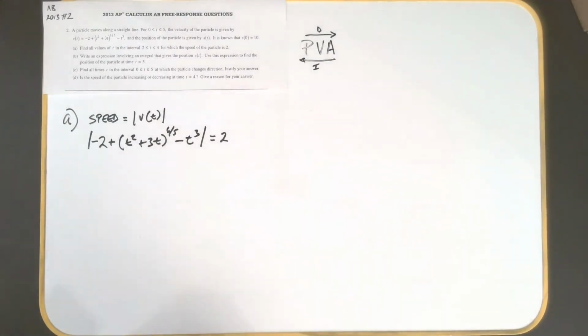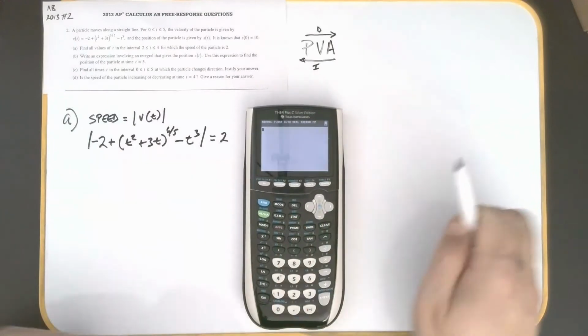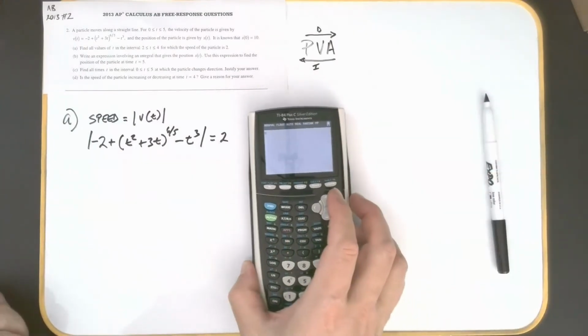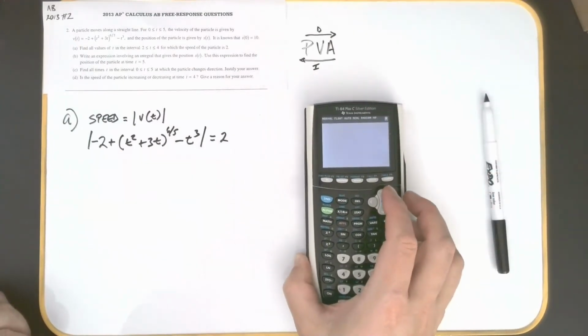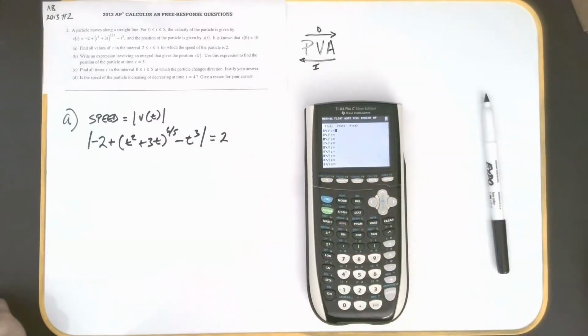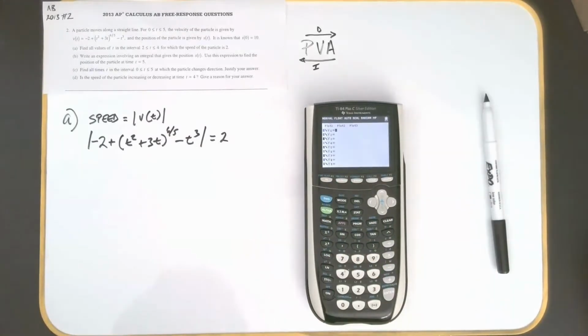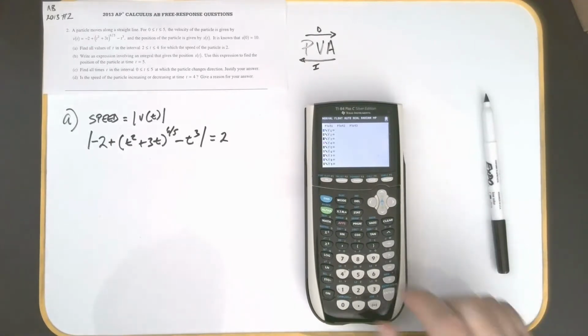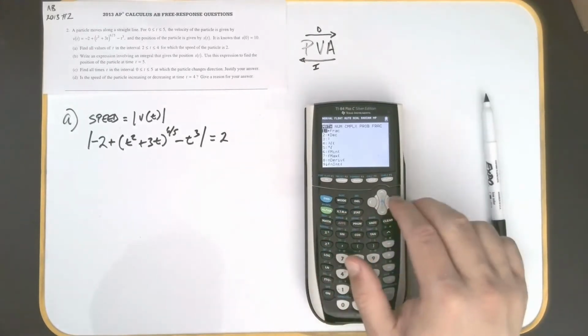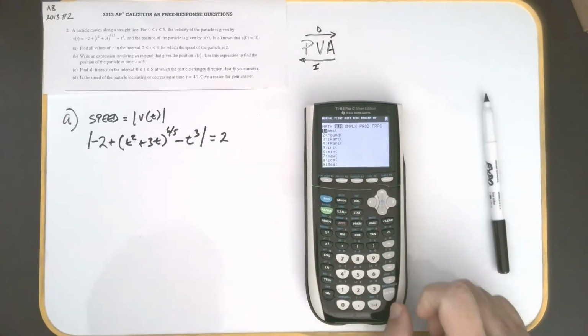So we'll go to our calculator. I'm going to enter the first equation, being the absolute value of the velocity. I'm going to go to my math menu and grab absolute value, which is the first one under the number tab.